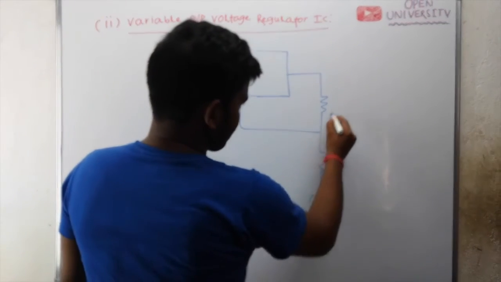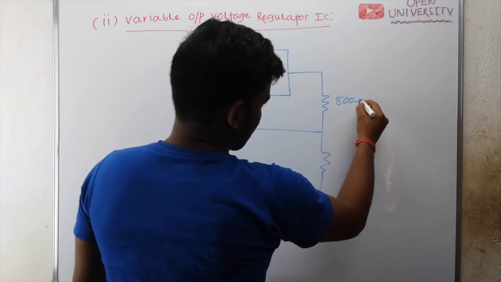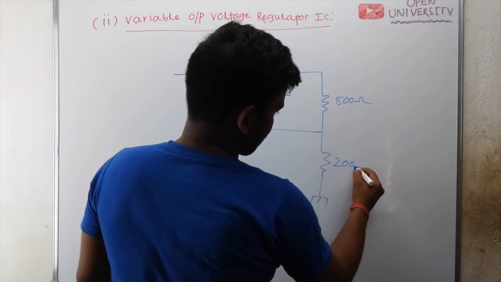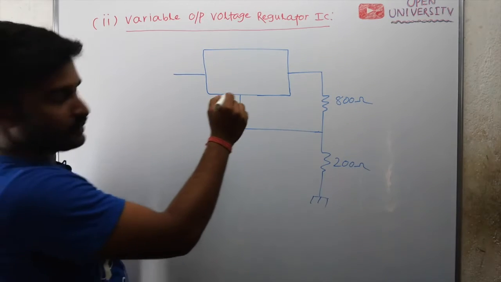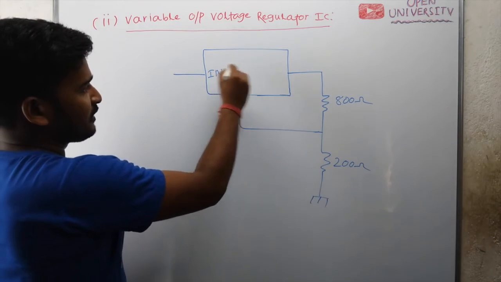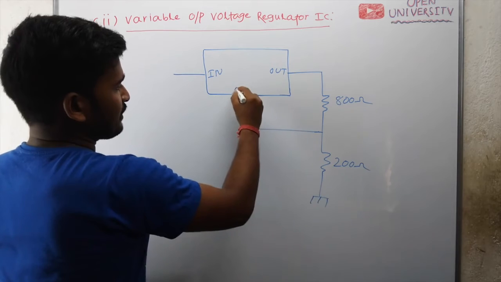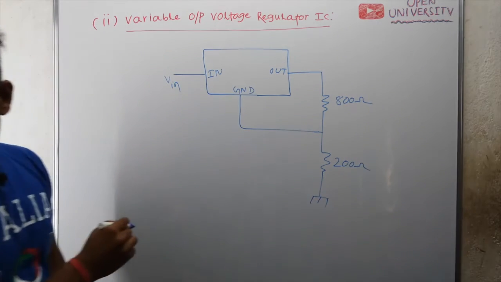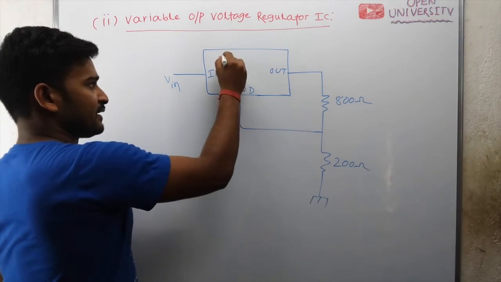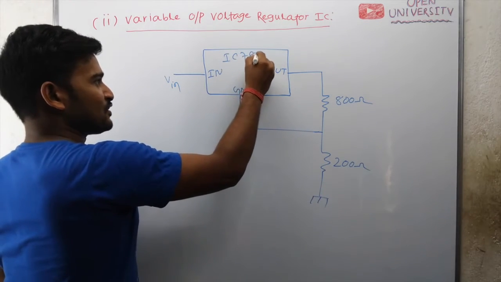This resistance value is given to be 800 ohm and this is 200 ohm. This is your input pin, this is your output pin, this is your ground pin, this is the input voltage, and the given IC is IC7808.